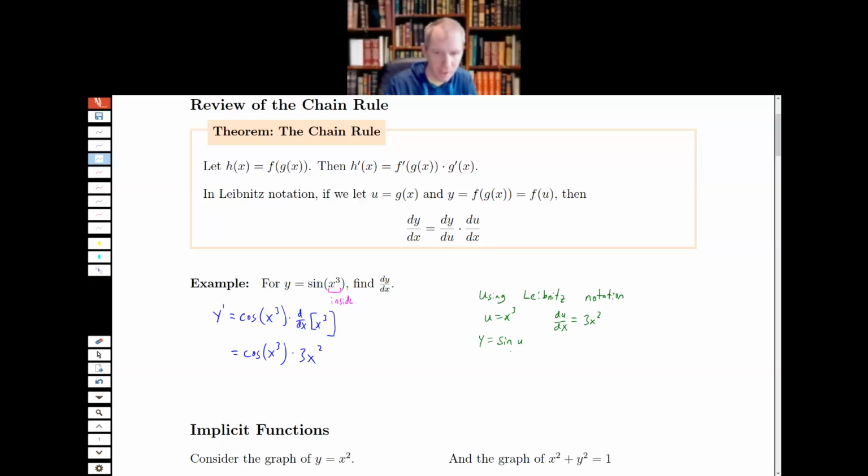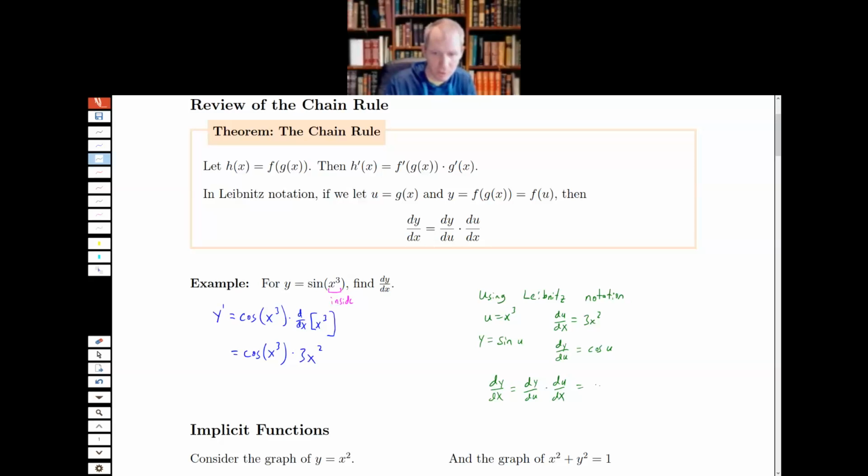If I differentiate sine of u, dy du is cosine u. So if u is my variable, then the derivative of sine u is just cosine u. Then the derivative of y with respect to x is dy du times du dx, and I already have those pieces.